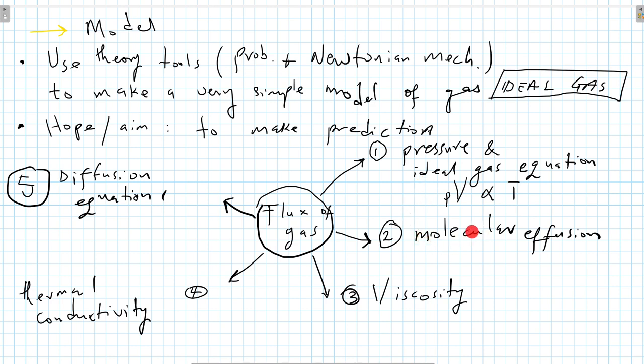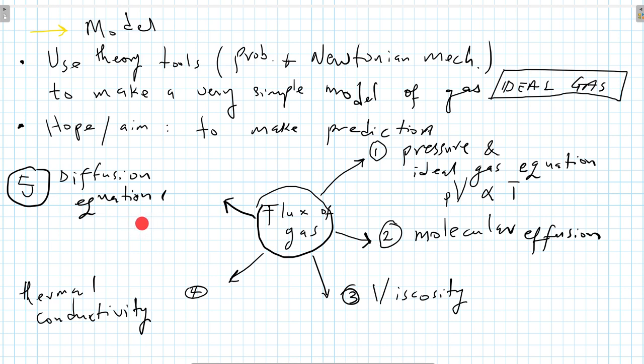The model is going to give us more. It's going to show how you can make predictions about molecular effusion, viscosity related to gas, thermal conductivity in relation to gas, and how things diffuse. Diffusion, in terms of number of gas molecules, evolving with time and with respect to position: how does the number of gas molecules change when you release them?